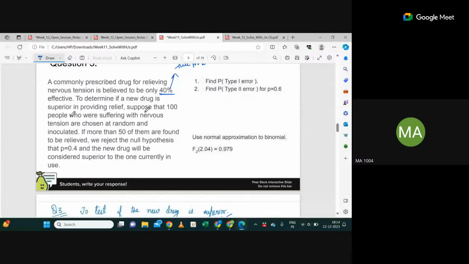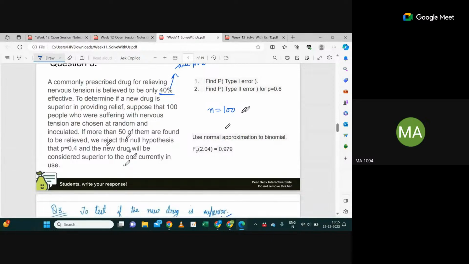Now the question says suppose 100 people who are suffering from nervous tension are chosen at random. How many samples have they taken? 100, right? Correct. If more than 50 of them are found to be relieved, we reject the null hypothesis and the new drug will be considered superior to the one currently in use.